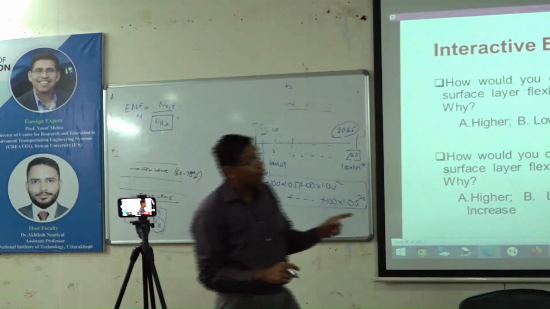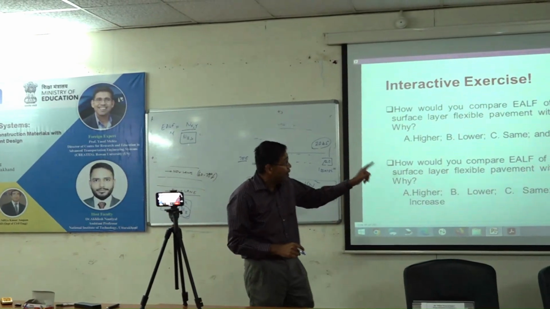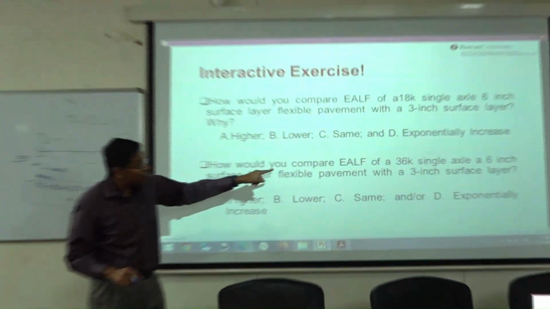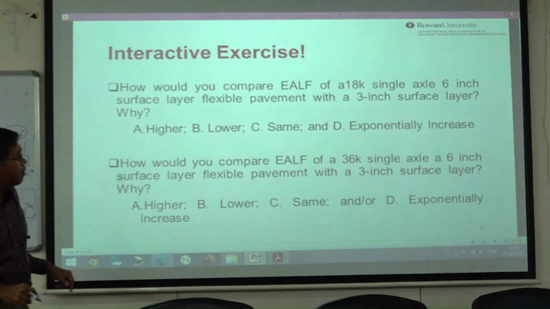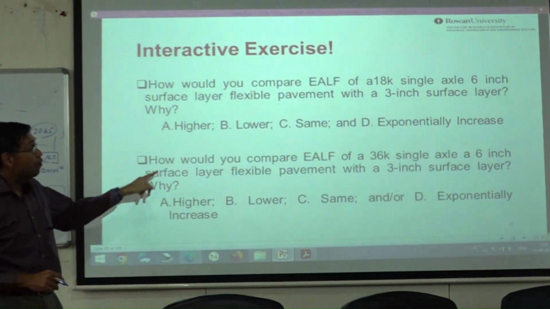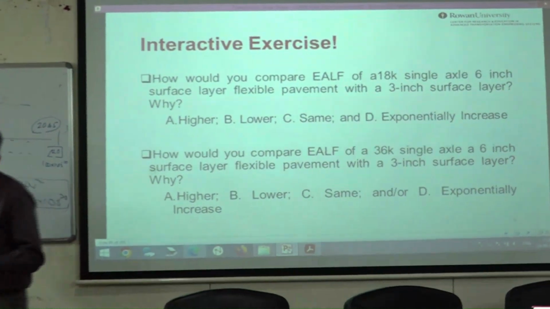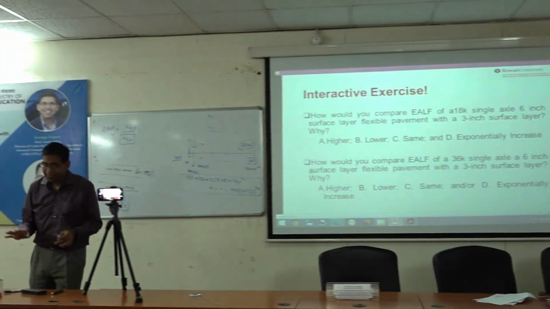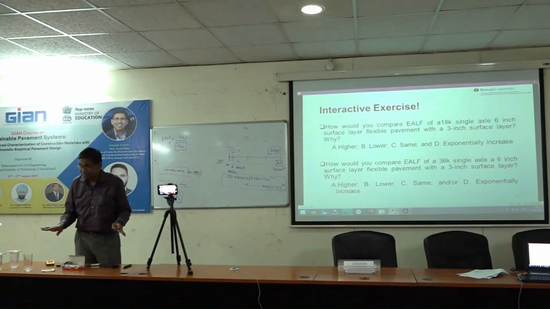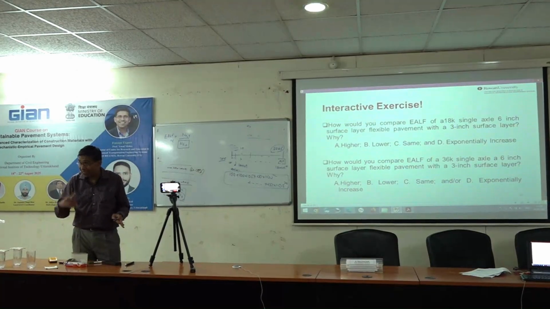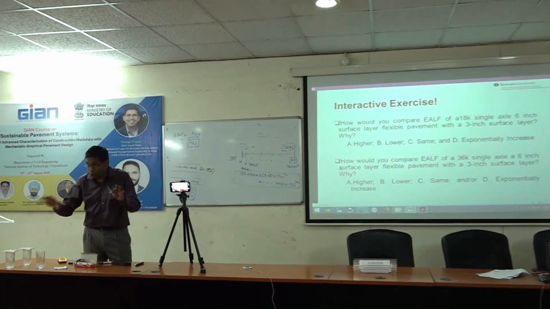But now the answer will drastically change for the next one. How would you compare ELF of a 36 kip single axle for a 6-inch with a 3-inch surface layer? Now you can think and tell. The first one was easy. They are always the same. I gave you the example when I started this discussion about 4-inch versus 6-inch.